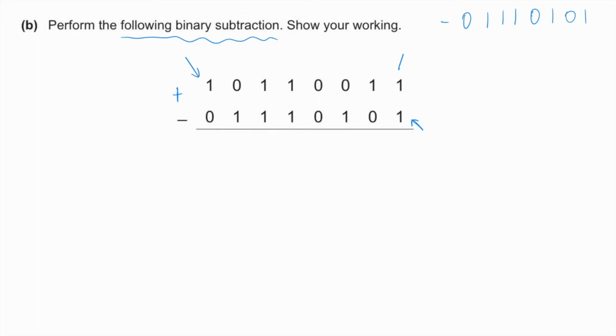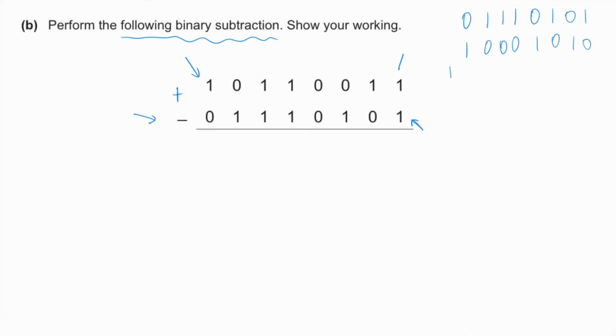In order to convert this to 2's complement, we want to take the positive value and go through a certain process. So what we're going to do is invert all the bits. So we're going to get 1, 0, 0, 0, 1, 0, 1, 0.